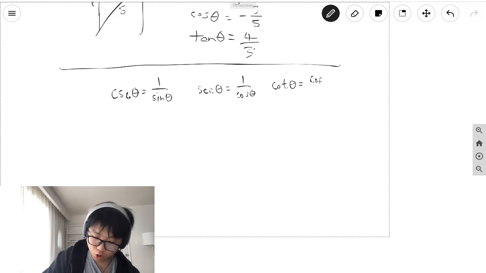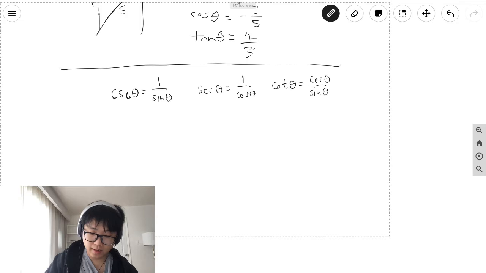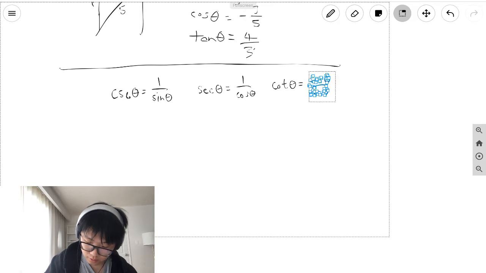Okay, and then cotangent is cos theta over sine theta. Actually, no, I should not have told you that right away. I should write that as 1 over tan theta first.